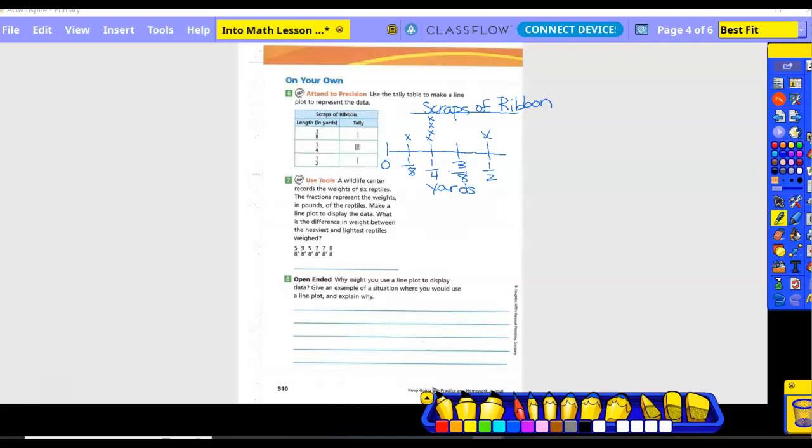Let's look back at what they gave us. What would be a good title? If we do weight of 6 reptiles. Yeah. Okay. Weight of 6 reptiles.